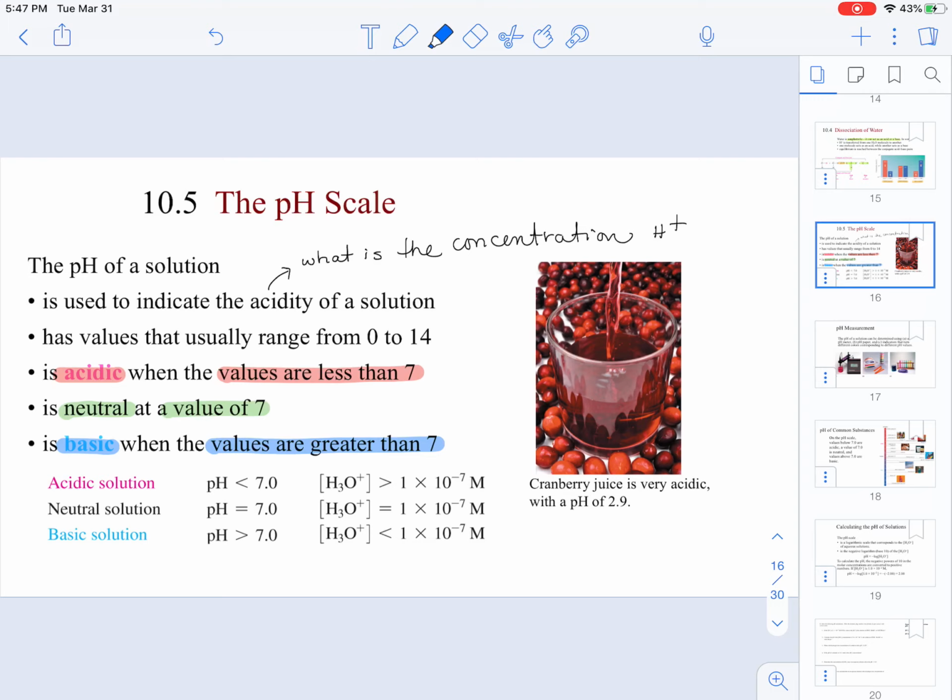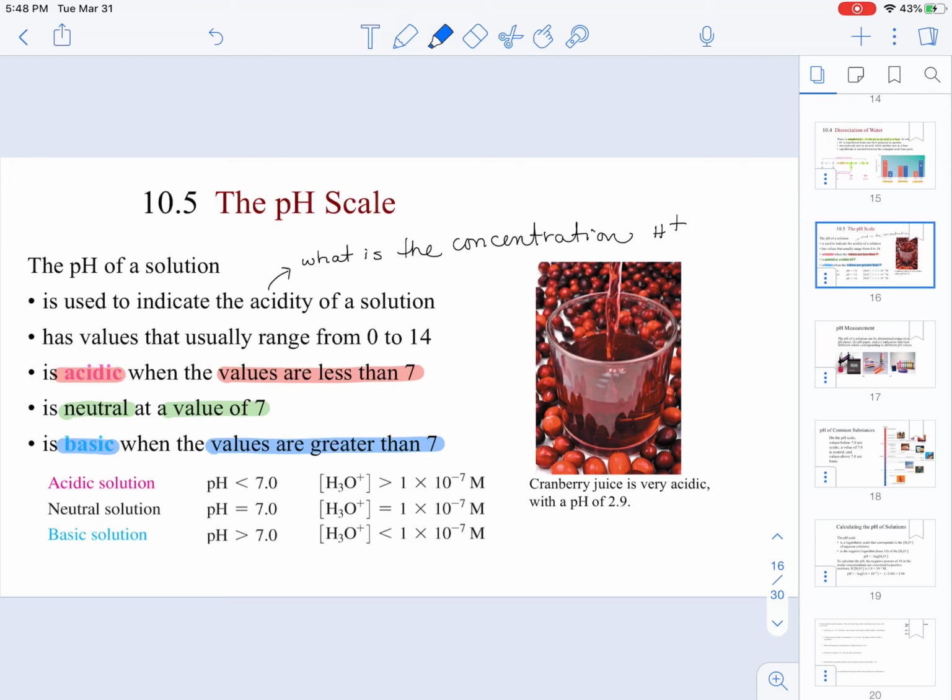So what does that mean? Remember, acidity is related to the concentration of H+. So for an acidic solution, since the values are lower than 7, the concentration of H3O+ is going to be much higher than this value of 1 times 10 to the negative 7.